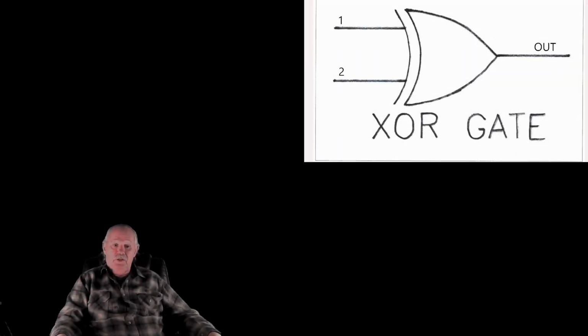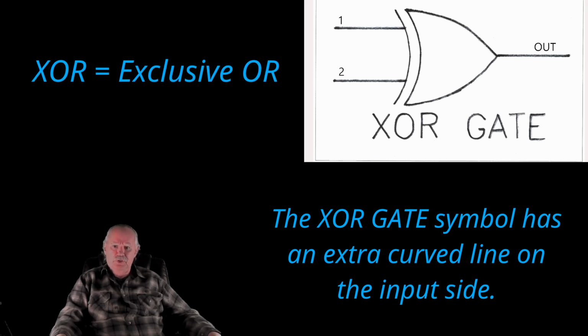Next, we're going to take a look at the exclusive OR gate, or XOR. The symbol is different. You have a dual curved line on the input side. If you'll look closely, you'll see there's an extra curved line on the input side.